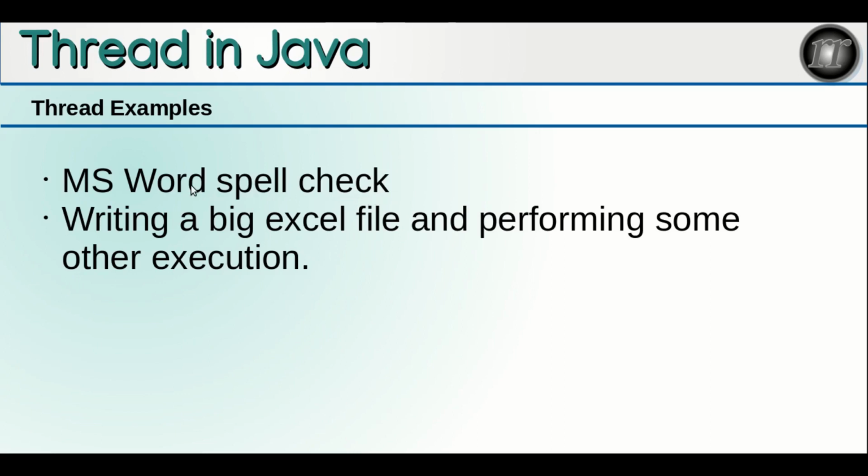In an editor, if you are doing a spell check, if you are editing something, there is a thread running behind that editor to check the spelling while you're writing any word, and it indicates to you if there is any spelling error in the sentence or word.